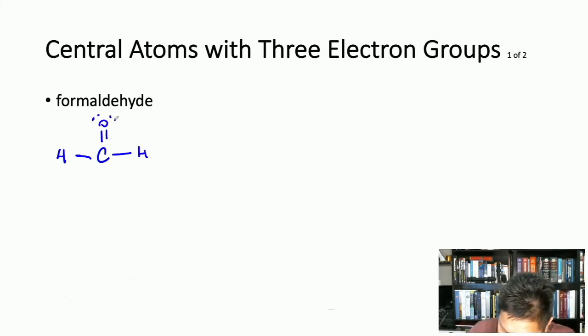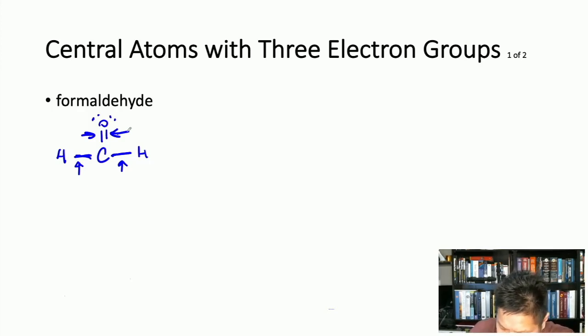But since its Lewis structure has the bonds mostly at 90 degrees, that's not following VSEPR theory. So I want to follow VSEPR theory. I want to get these electron groups, these 2 single bonds right here, as far away from this double bond group of electrons as possible, because VSEPR theory says electron groups are trying to be as far away from each other as possible.